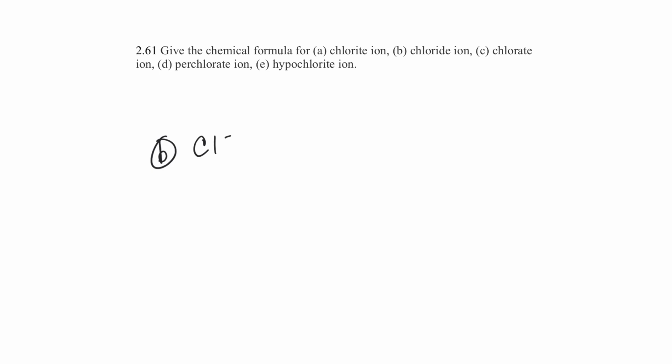If you can make one configuration with oxygen, you use the first element like chlorine and call it chlor, and your ending is ate. If you can make 2 configurations with oxygen, then the bigger number of oxygen is ate, and the lower number of oxygen is ite. That's the way almost all of them work.